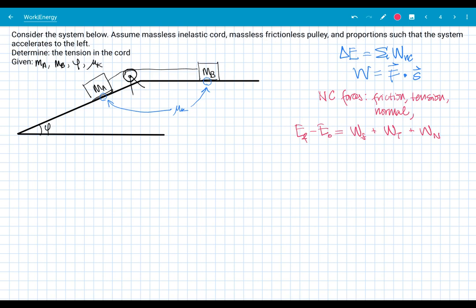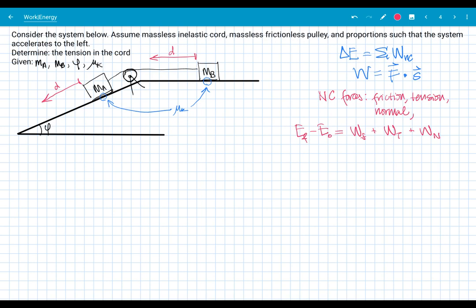Think about the graphs there. So let's assume we're released from rest and that the system is going to travel through some kind of displacement. I got to call that something. I care about that. It's path dependent because we do have friction acting here. So I'm going to call that D.